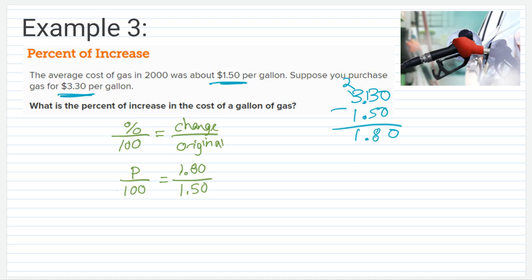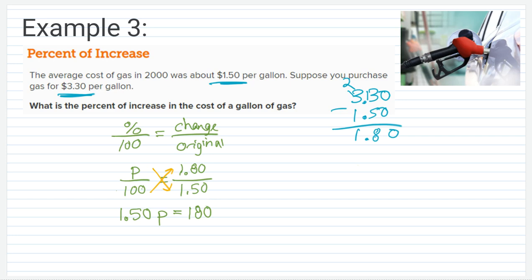All right, now we're going to do our cross product, so multiplying across from each side of our proportion, so P times $1.50, and then 100 times that $1.80. We're going to have 1.50 times P equals 100 times 1.80, which is going to end up making this 180.